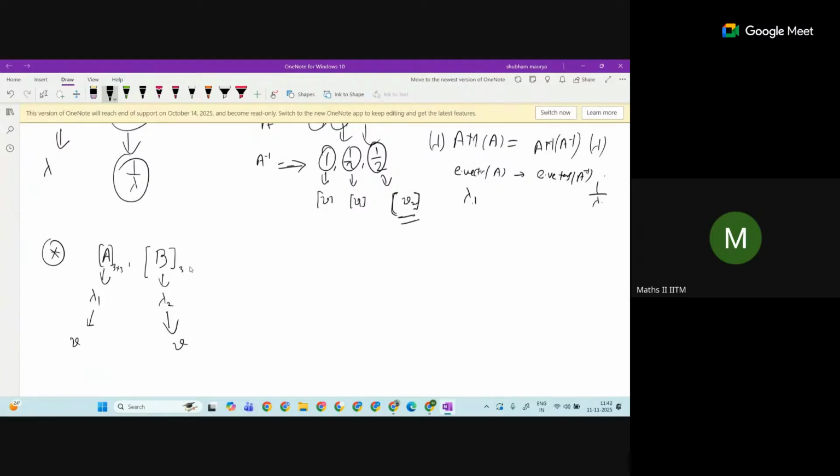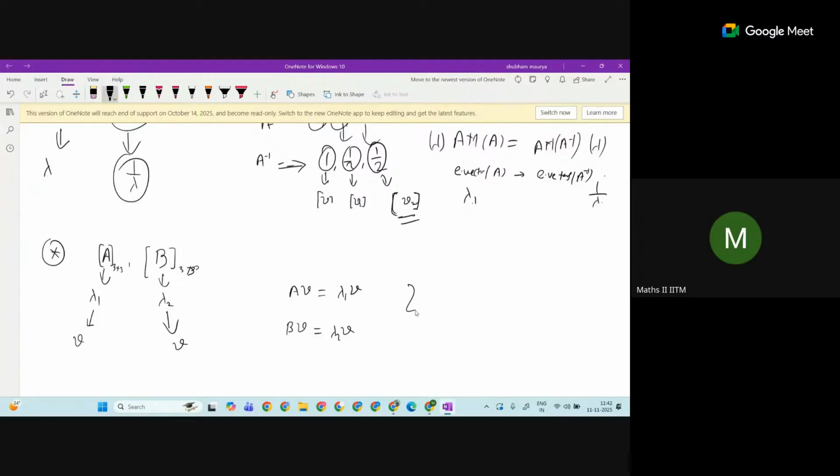This could be possible. There is a possibility that V is an eigenvector of A, and V is also an eigenvector of B. It means that AV is equal to lambda 1 V and BV is equal to lambda 2 V. There is a possibility that eigenvectors are the same for different matrices while eigenvalues are different.